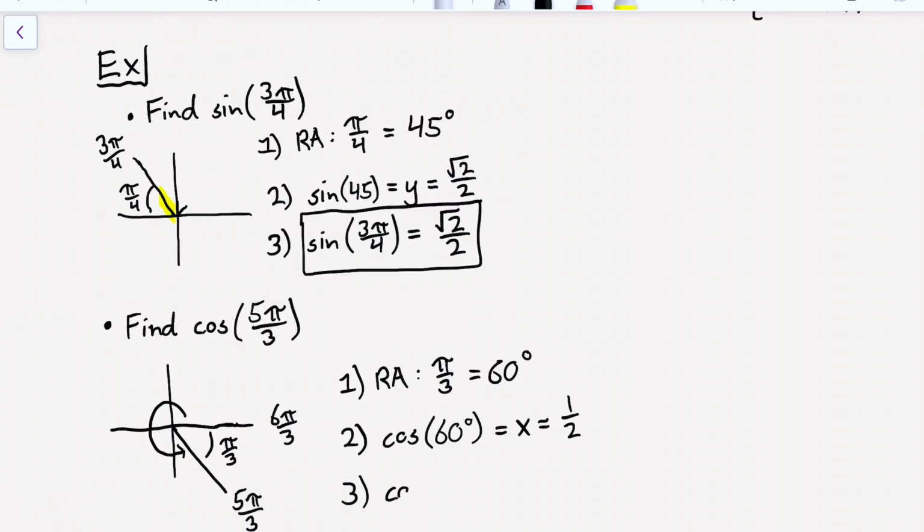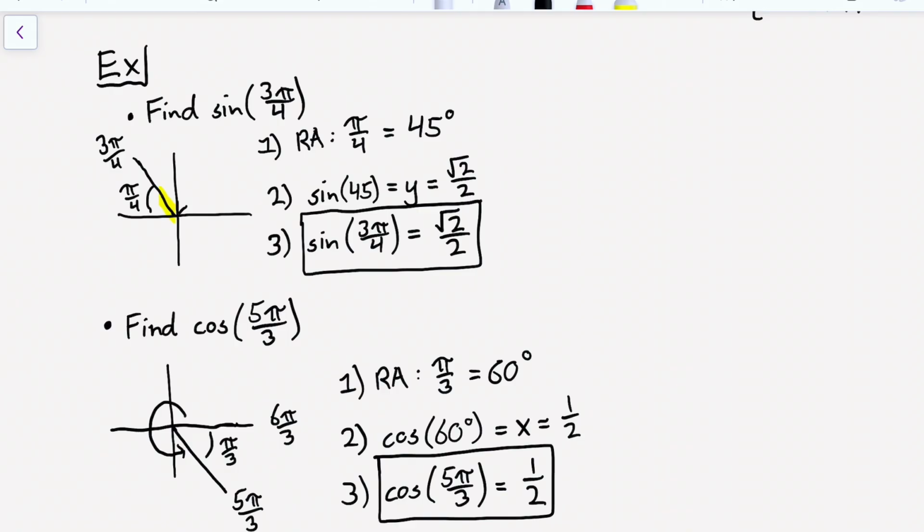And step 3, to give the cosine of 5 pi over 3, I simply use the absolute value of 1/2, but also determine the sign. The x value in quadrant 4 is positive, so we stick with a positive answer. Cosine of 5 pi over 3 equals positive 1/2.